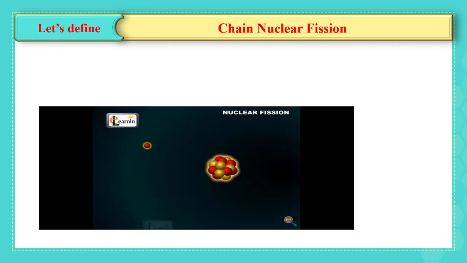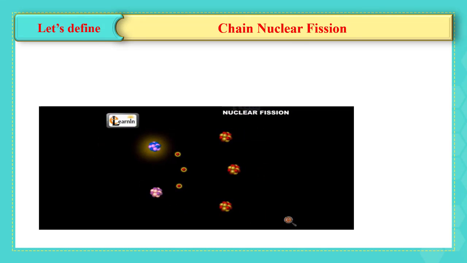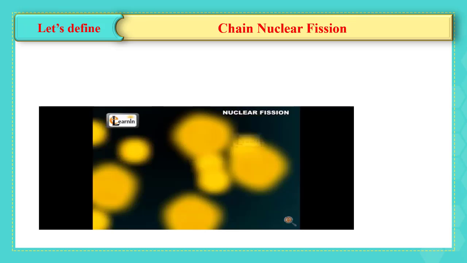Now we discuss the third objective, which is the characteristics of the chain nuclear fission. As shown in this animation, upon splitting of a fissile nucleus after being bombarded by a thermal neutron, two fission fragments are formed and multiple small particles called neutrons are also produced.